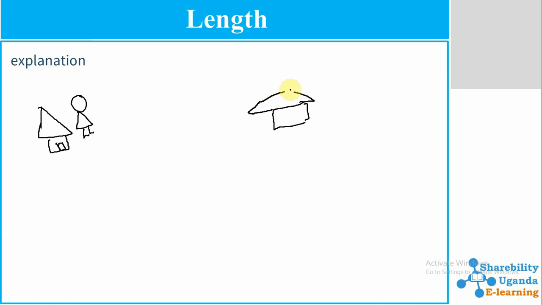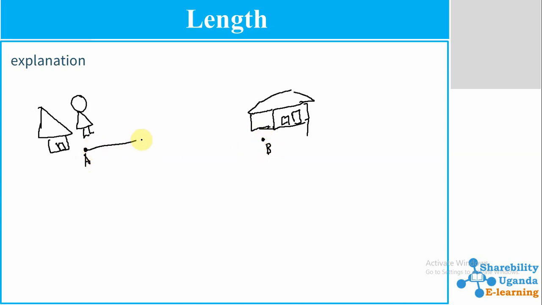This lady has moved from her home, which is there. Let's call this point A. Then the school we are going to call point B.